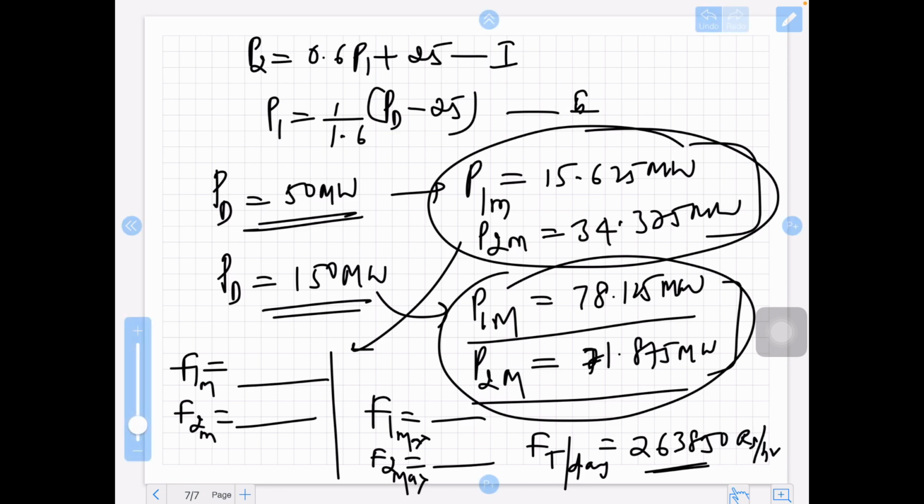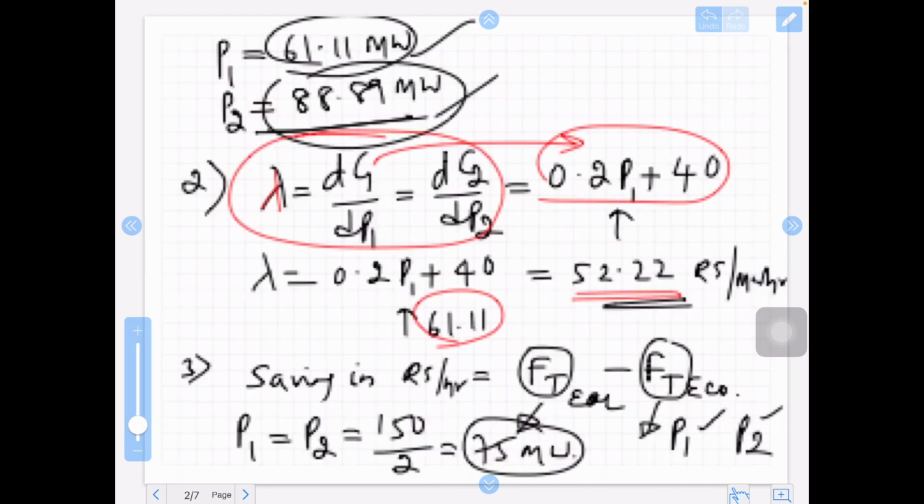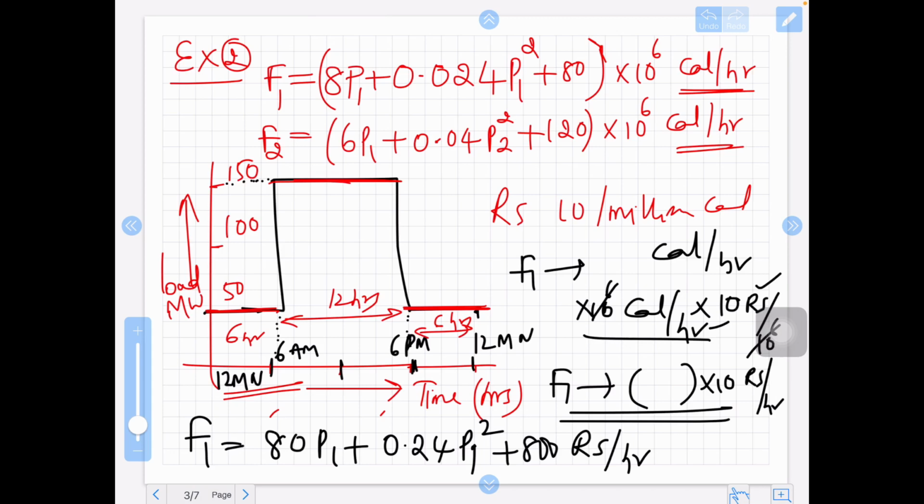So this is how you can find the total cost when we have a load curve like this. Here the total load is changing. Maximum is 150 megawatt, as is clearly given.